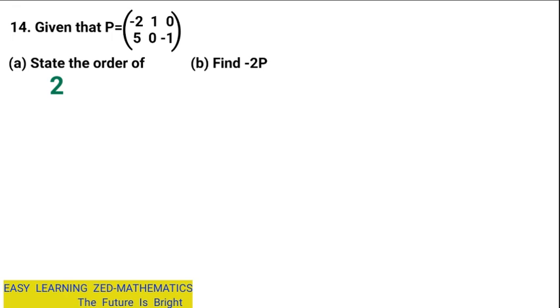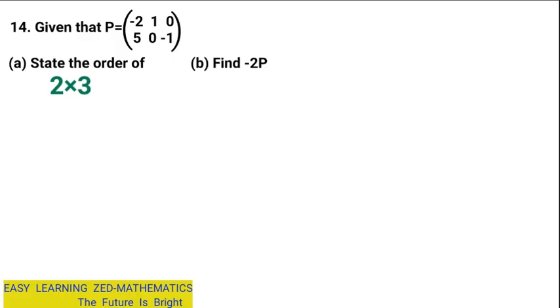Okay, columns, these are lines going from up downwards, and in this matrix, the columns are made by -2 and 5, 0 and 1, 0 and -1. So this matrix has got 3 columns, so it is 2 by 3. Okay, so the order of this matrix is 2 by 3.